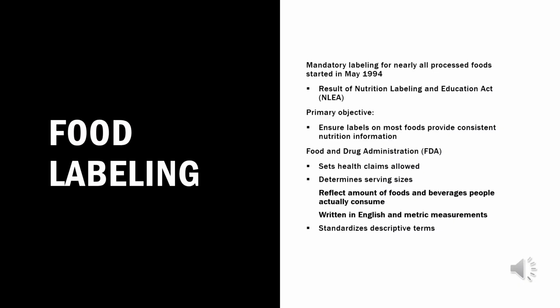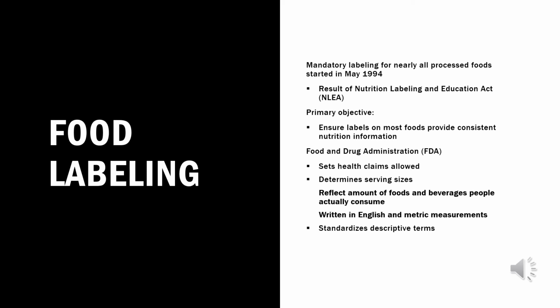In 1994, food labeling became mandatory for all processed foods. This is the result of the Nutrition Labeling and Education Act. Their primary objective was to make sure that the labels on foods provide consistent nutrition information.